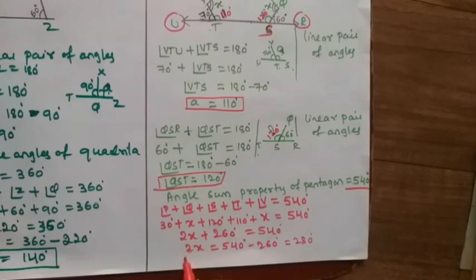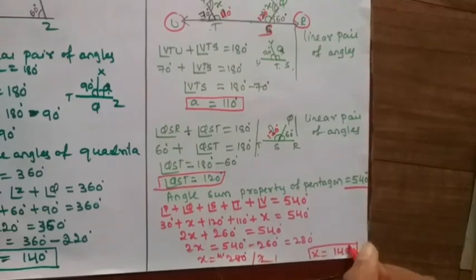When it goes to the right hand side, it becomes a denominator. So x is equal to how much we get here? x is equal to 280 degree divided by 2. So divide here, 2 ones are 140 degrees. So x is equal to 140 degree. This is our value.